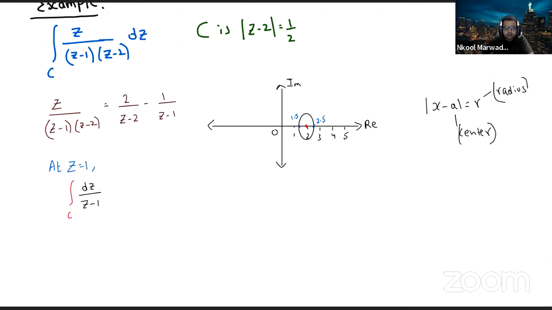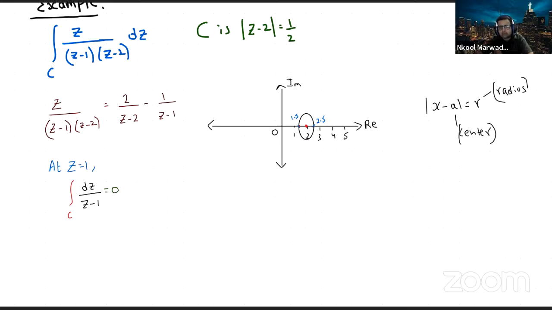See why it will, because this integration is the sum over the points either on the contour or within the contour. Now this one is outside, so no need to include it in the integration sum.